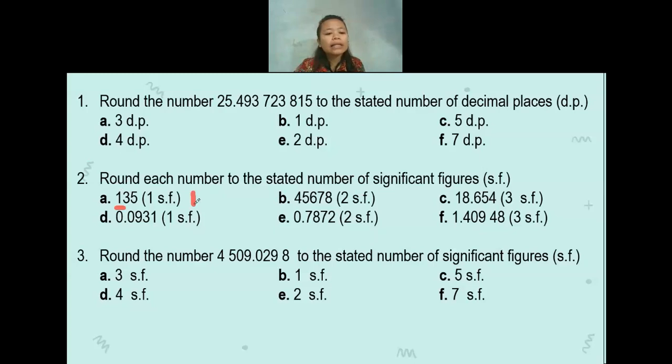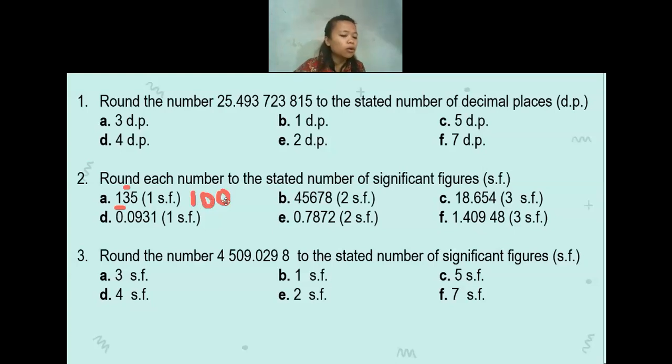That's why the answer will be 100. Or you can see, next to 1 is number 3. Because this is 3, the 1 stays as it is. And because the 1 is at the 100 place, I have to make sure the number is still at the 100 place. That's why for 2A, the answer is 100.